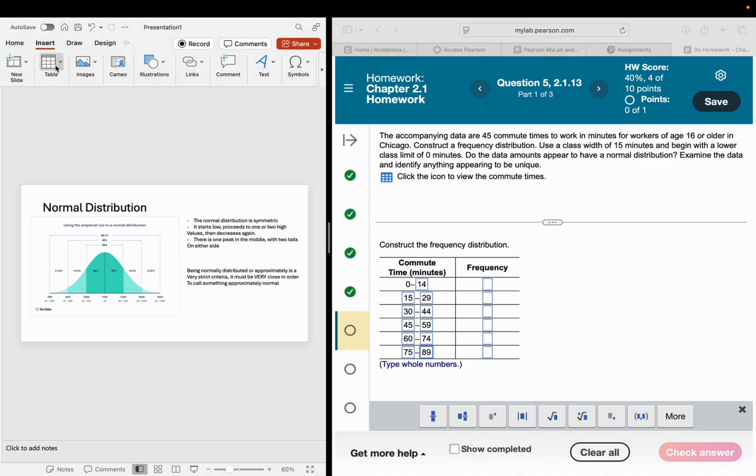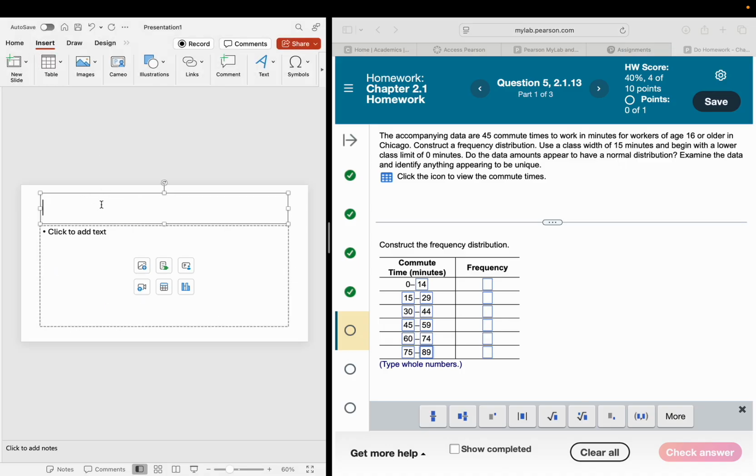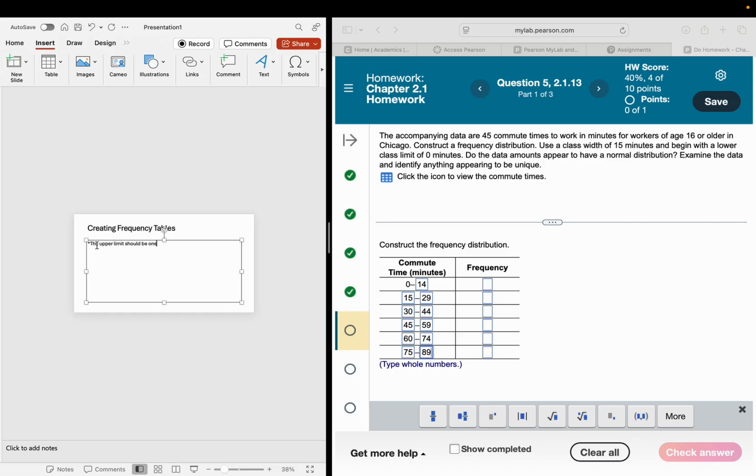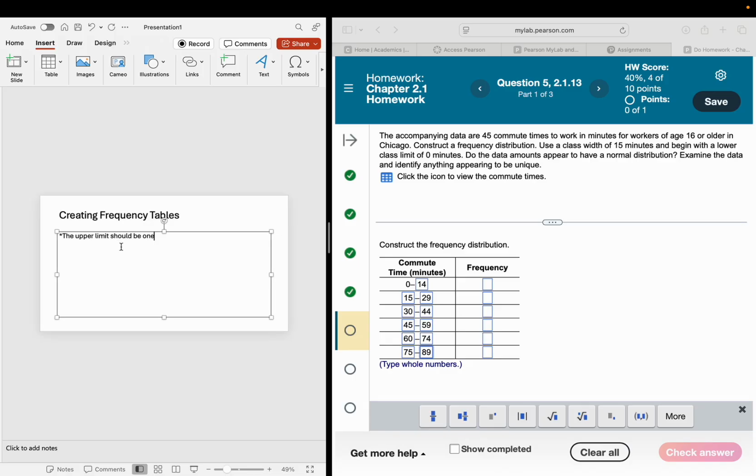All right, so let's make another note here. We'll say creating frequency tables, and the one note we're going to put here is the upper limit should be 1, and there's kind of an interesting way to phrase this.